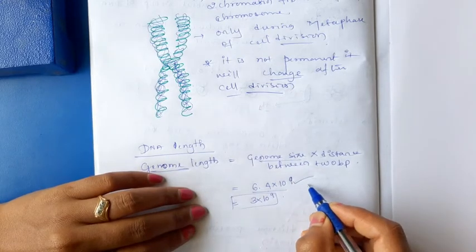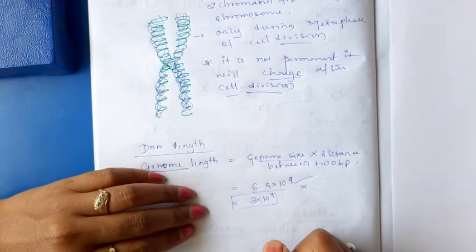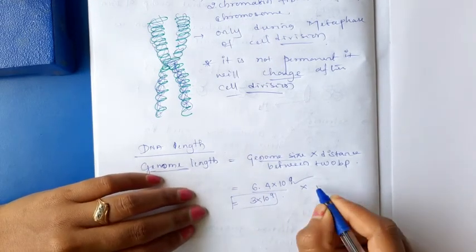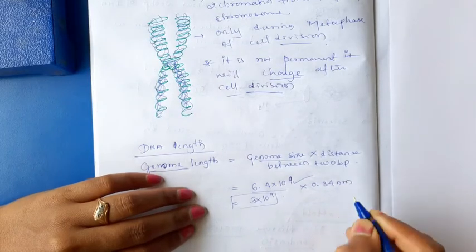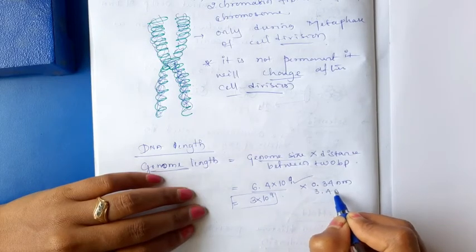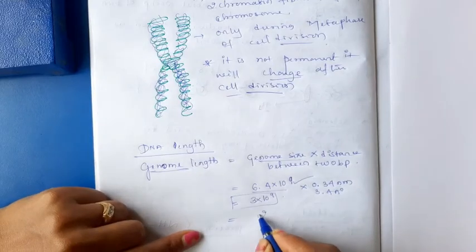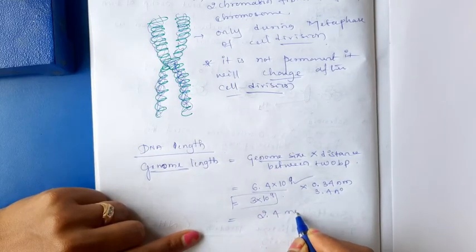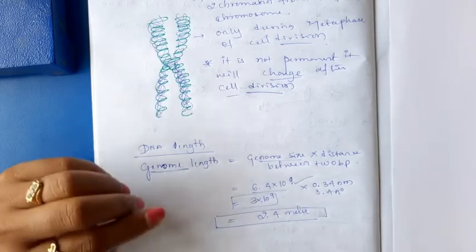Okay, it is going to multiply with the distance between two base pairs, that is 0.34 nanometer or 3.4 angstrom. Okay, here we get the 2.2 meters length of a genome, that is the length of DNA.